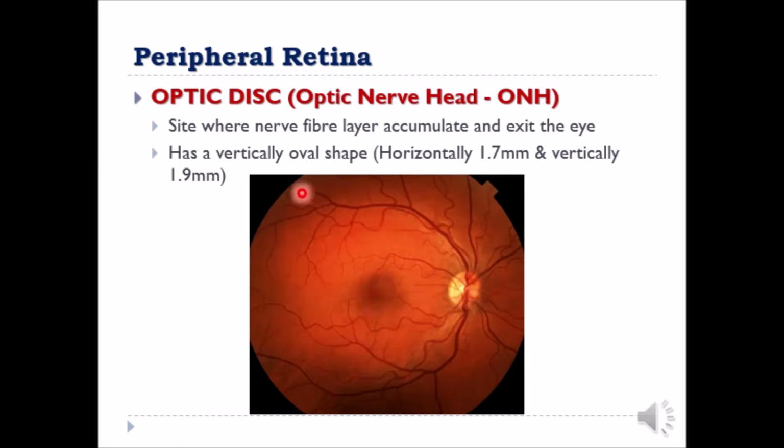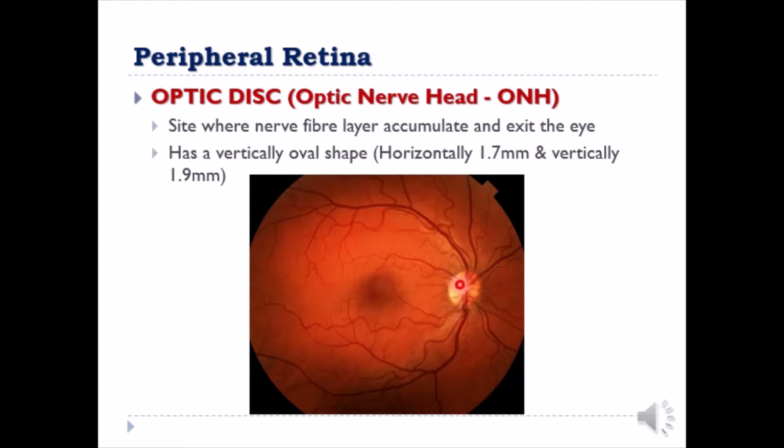That is why it is a site where the nerve fiber layer accumulates, meaning all the nerve fibers coming from the retinal periphery, as well as from the center, are getting collected through the optic nerve head. So it is the site where the nerve fiber layer accumulates and exits the eye.